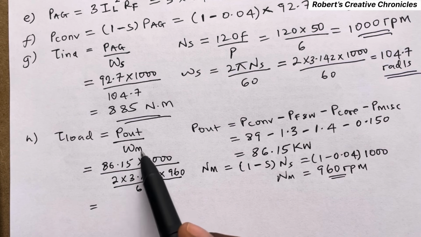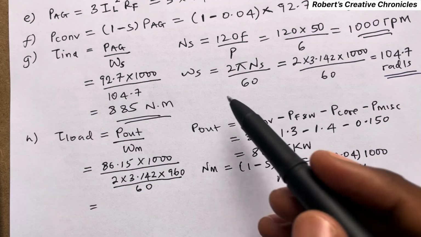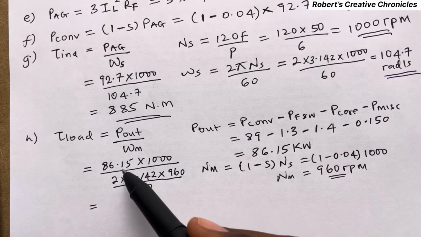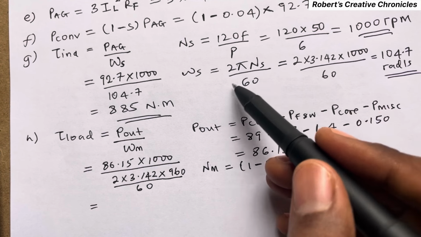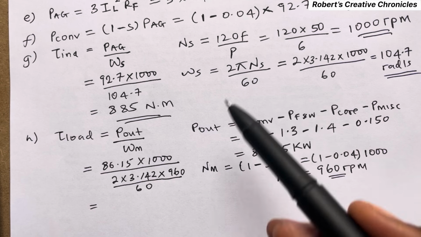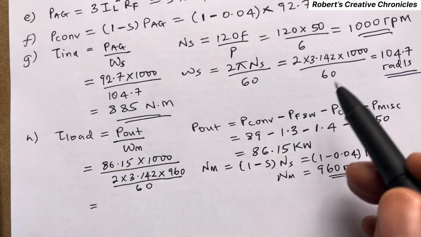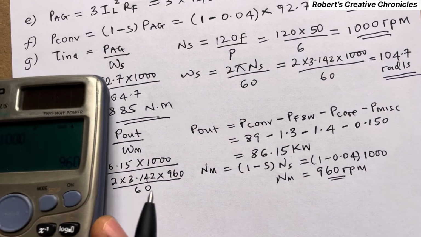This formula is the same thing like we did before, but the difference is the subscript m. So now mWm is equal to 2 pi nm over 60. That is why we're going to use 960 here as our nm instead of ns. So it's the same formula; only the subscript changes.